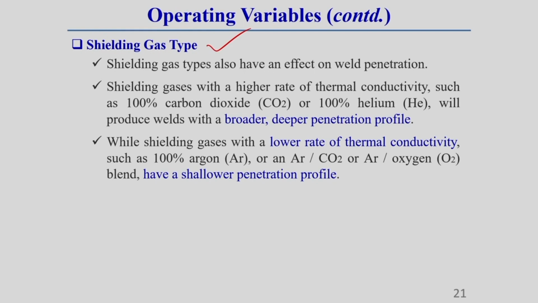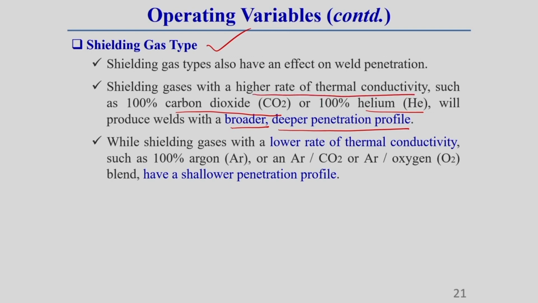This shielding gas also has an effect on penetration, depending on the type of shielding gas. Like if we use carbon dioxide gas or helium gas, 100% helium gas, it produces a broader type of weld bead, as well as a deep penetration profile, because this carbon dioxide has a higher rate of thermal conductivity.